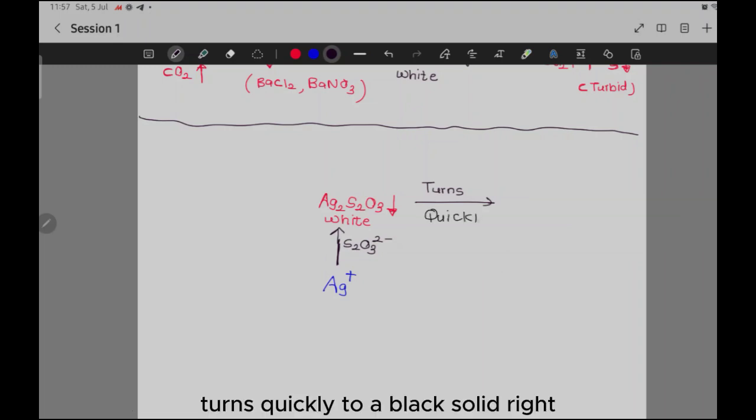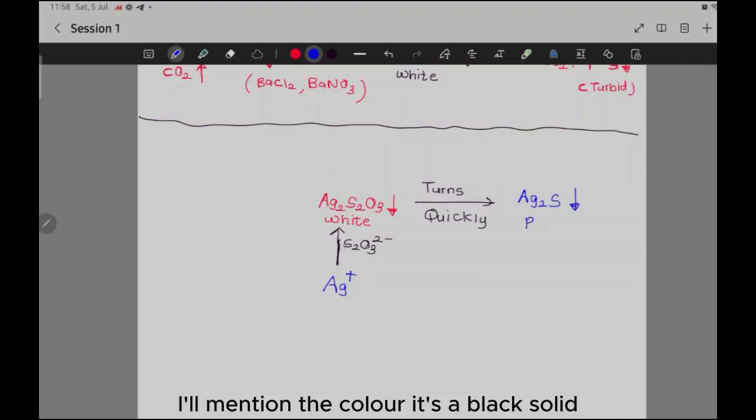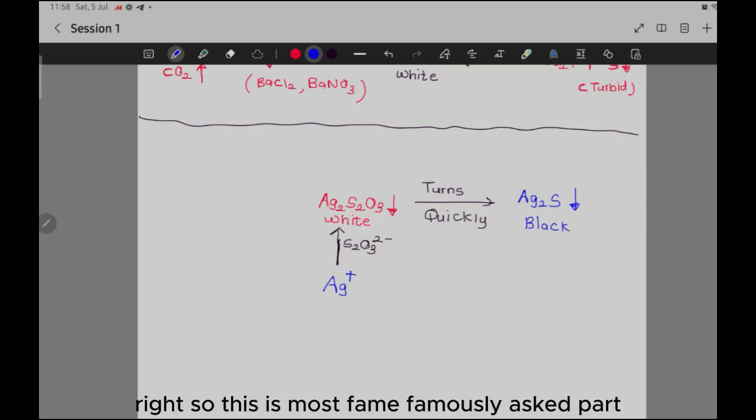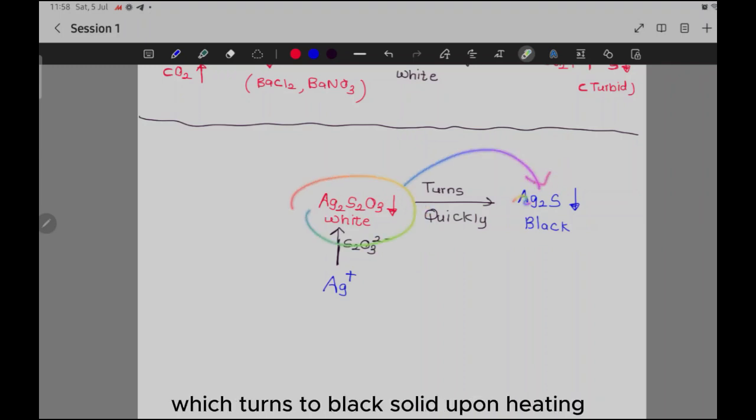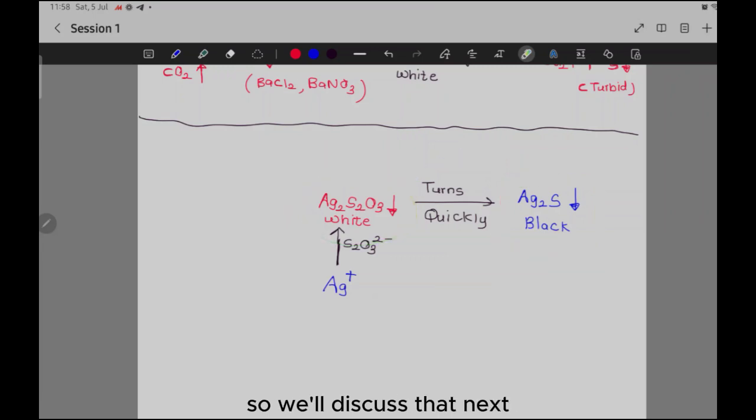What is that black solid? Ag2S, silver sulfide, which is a black solid. This is the most famously asked part, turns quickly, because we have another white precipitate which turns to black solid upon heating. So we'll discuss that next.